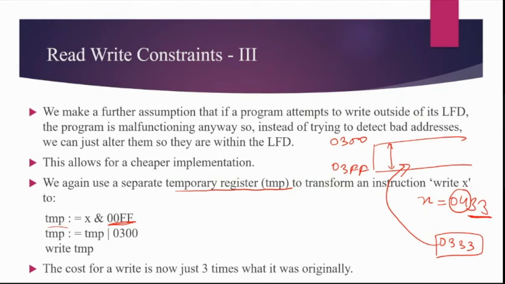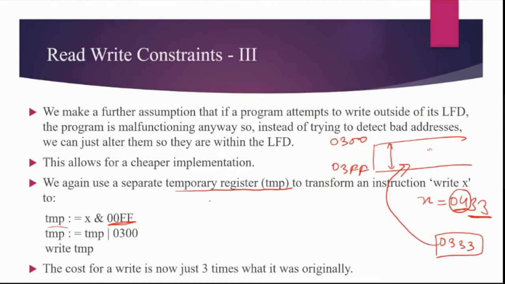If you remember, the higher-order bits represent the segment ID. Now what we want is for the address to lie in the LFD. In this way we can convert untrusted code into trusted code, meaning code which can do read and write operations only within the LFD.